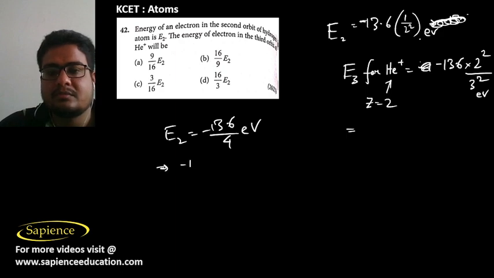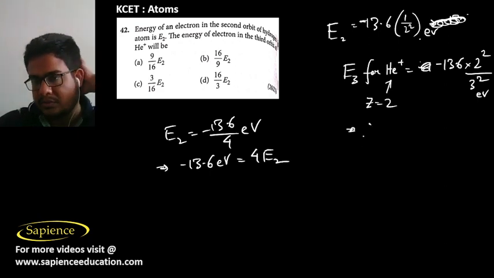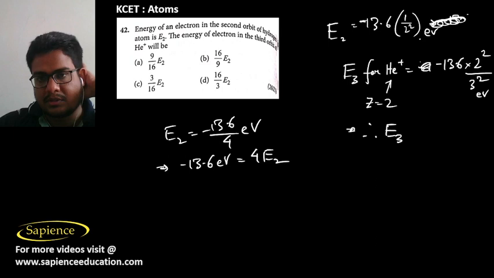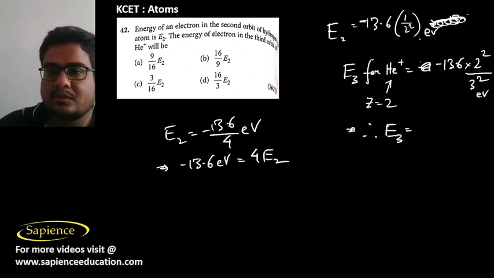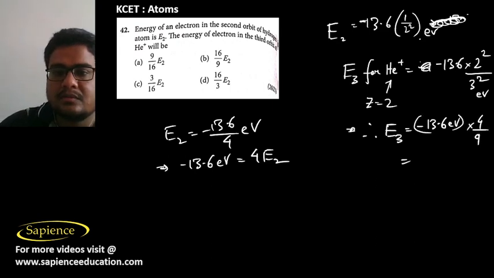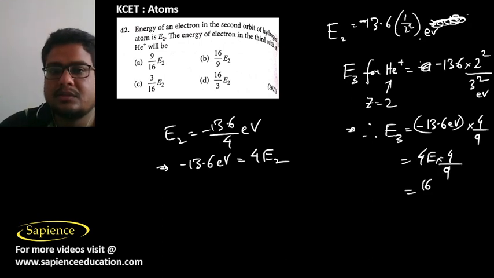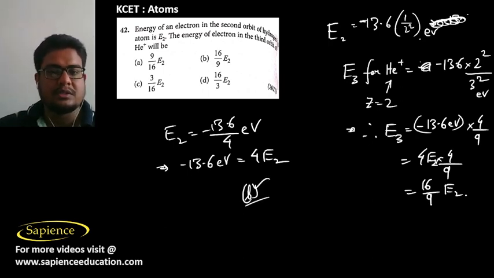So therefore this minus 13.6 electron volt, I can call it as 4E2. Therefore E3 for helium will be equal to this minus 13.6 electron volt into 4 by 9. So that is equal to 4E2 into 4 by 9, that is equal to 16 by 9 E2. So option B is the correct answer.